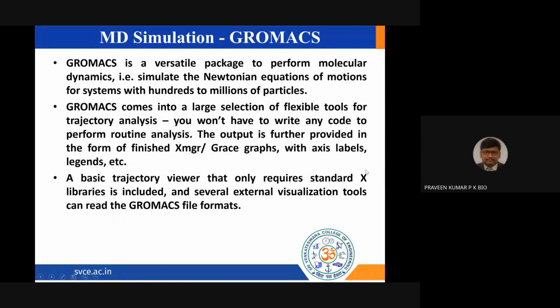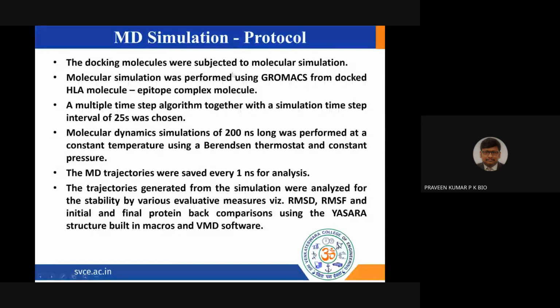In addition to GROMACS and XMGrace, we also need nearly 8 to 10 more softwares. Of course, running GROMACS needs knowledge of Python and Perl programming. So this is something about MD simulation using GROMACS.